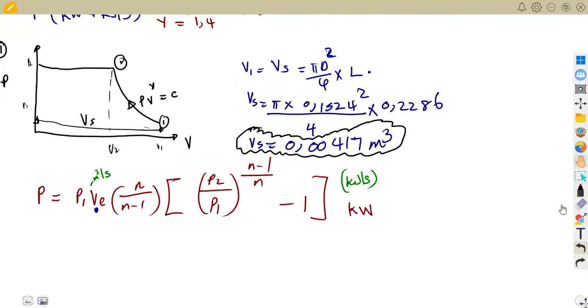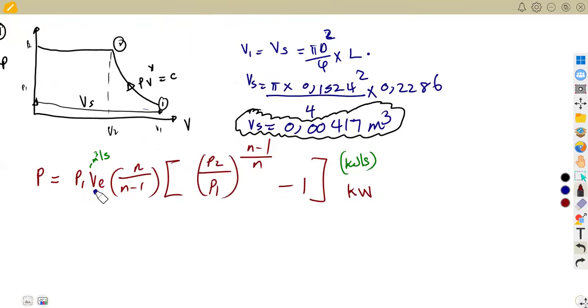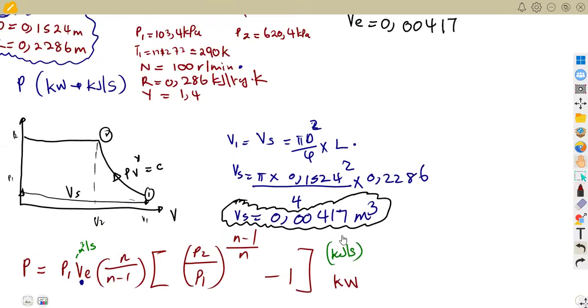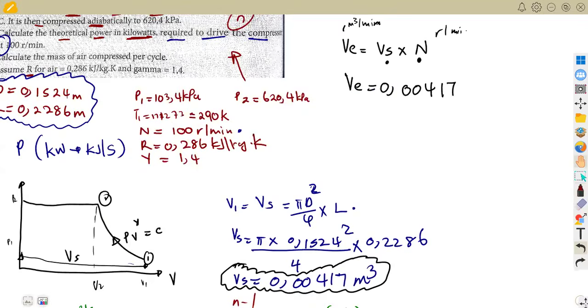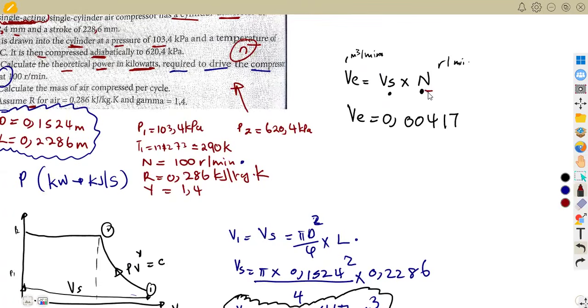No. In order for us to have power, our VE has to be cubic meters per second. So what does it mean? It means I can calculate this here with the speed in revs per second, and it gives us VE in cubic meters per second also.